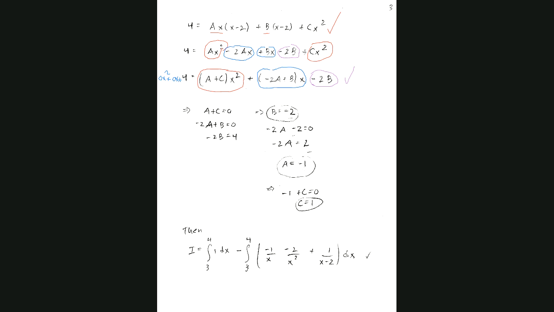This means that A plus C would equal 0. Negative 2A plus B would equal 0. And negative 2B would equal 4. And you solve the equations.